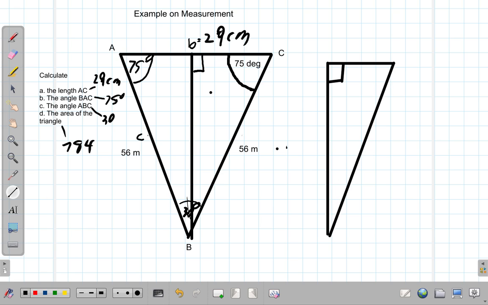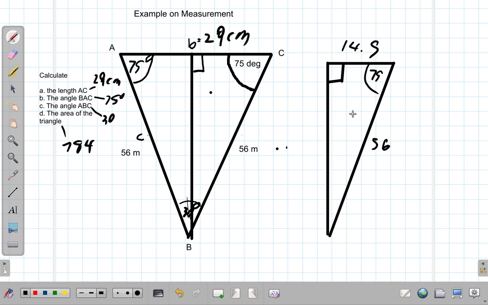I have the right angle here. We have the 75 degrees here. Half of 29 is 14.5, and this is 56. What is this height? We're going to use Pythagoras Theorem, right?